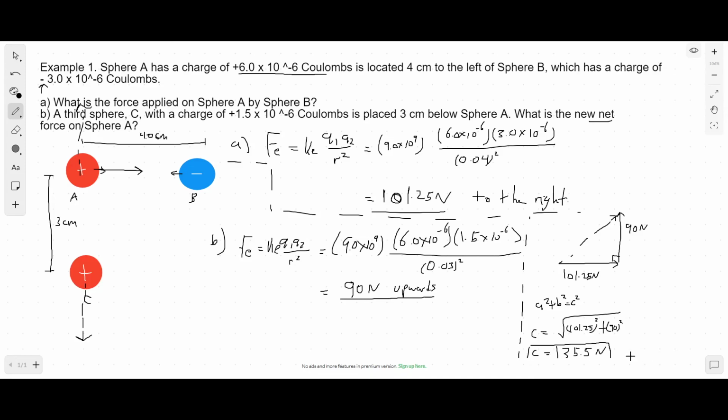Now the last thing would be to find the direction of this force. So to do that, we're just going to use trigonometry. We have the opposite and the adjacent, so we can use the tan inverse to find out what the angle is. So angle theta is tan inverse of 90 over 101.25.